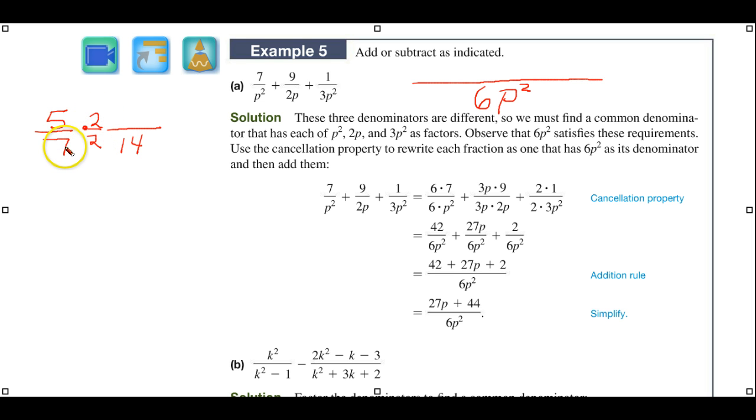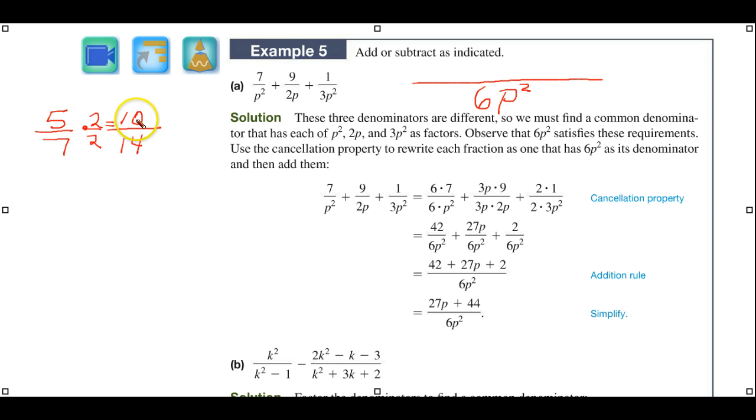But now, when I multiply 7 times 2, I get 14. And 5 times 2, I get 10.